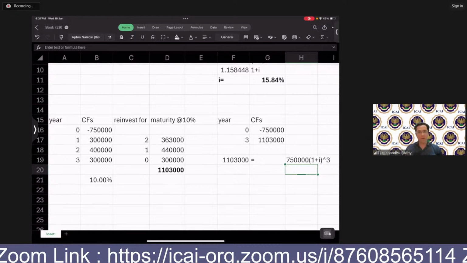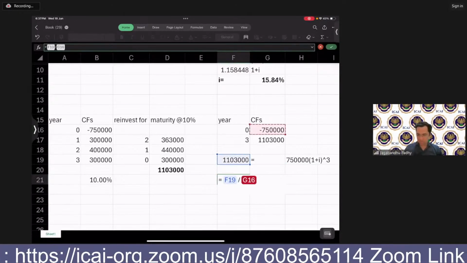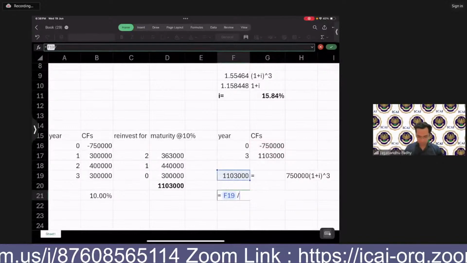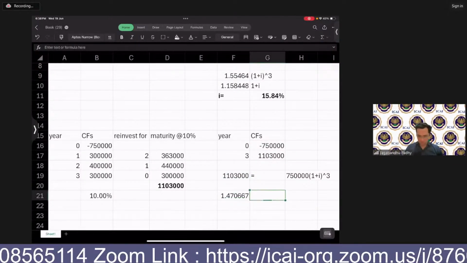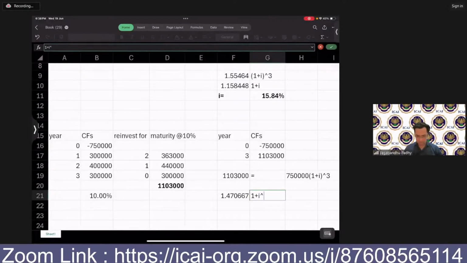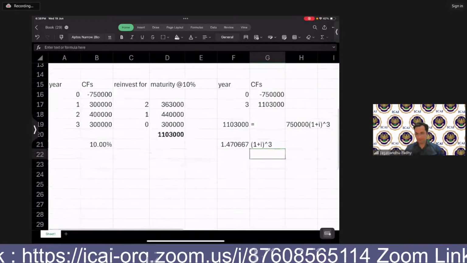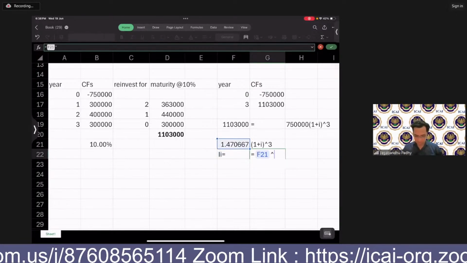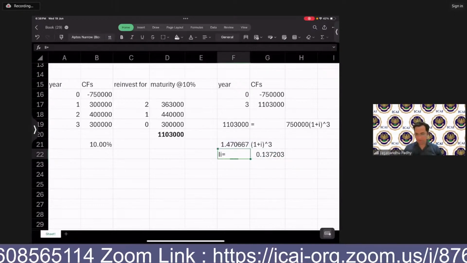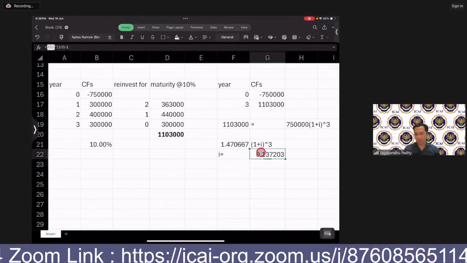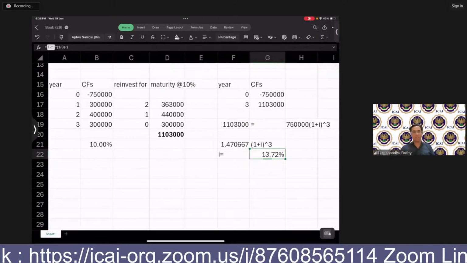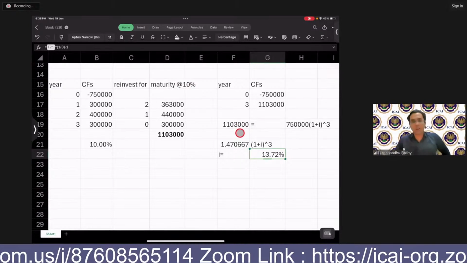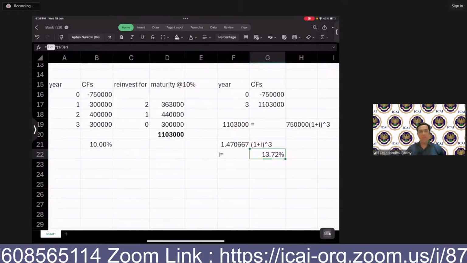If you solve this for I, you divide this by 7,50,000 and you have 1 plus I to the power of 3. Now your I value is simply this to the power of 1 by 3, and then you subtract 1. So you get the realized rate of return as 13.72%. If you're able to reinvest the cash flows at a rate of 10%, the project is going to provide you 13.72%. So that's how we compute the modified internal rate of return.